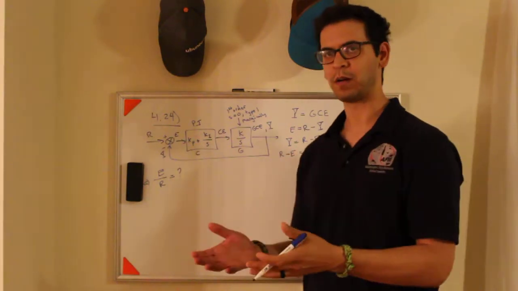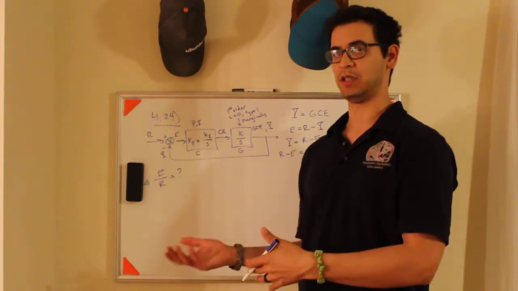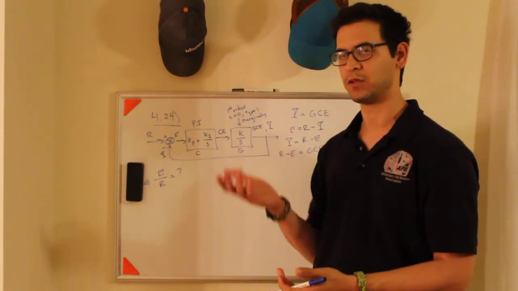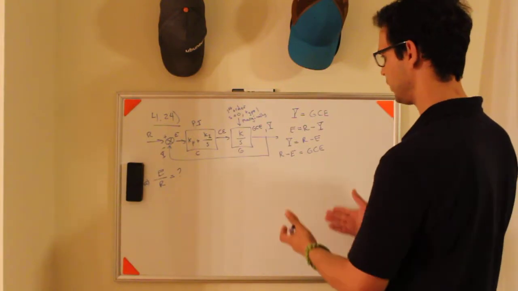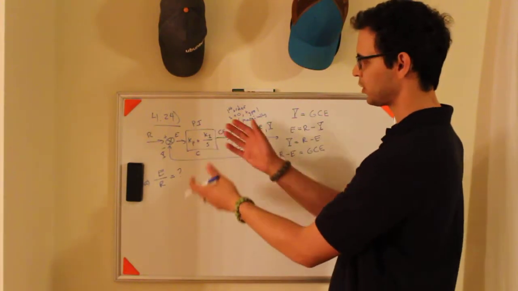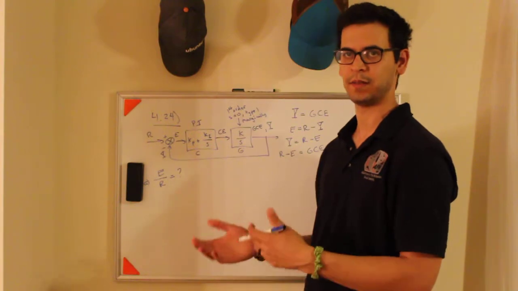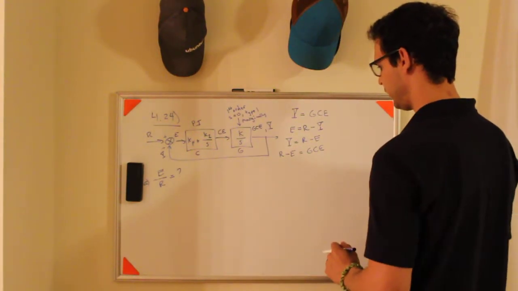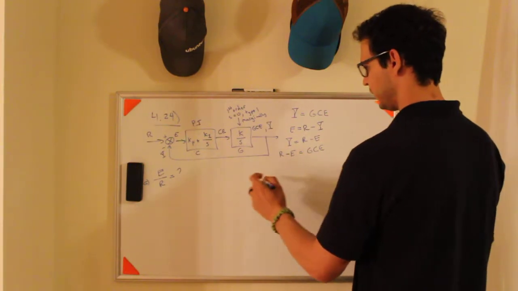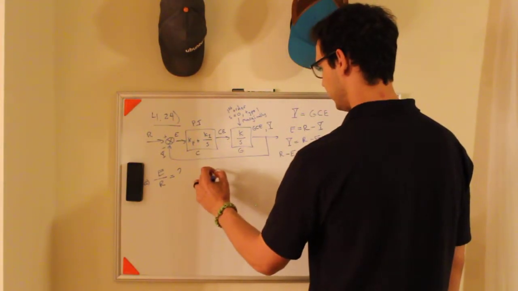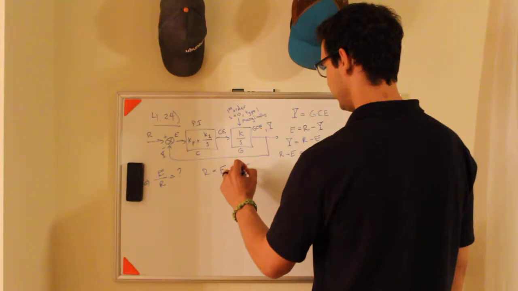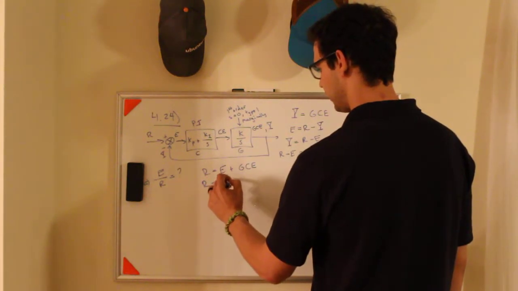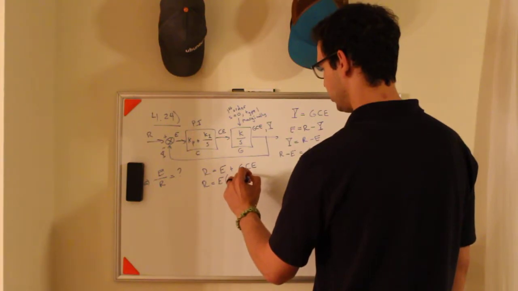By the way, there's probably a formula in your book that does this automatically, but I don't really like automatic formulas like that because I don't get an intuitive understanding of it. So that's why I like to do it this way. Sometimes I like to read the control block diagram so I actually know what I'm doing. Anyway, if I add this to the other side, I get R equals E plus GCE, and then R is E times a factor of 1 plus CG.